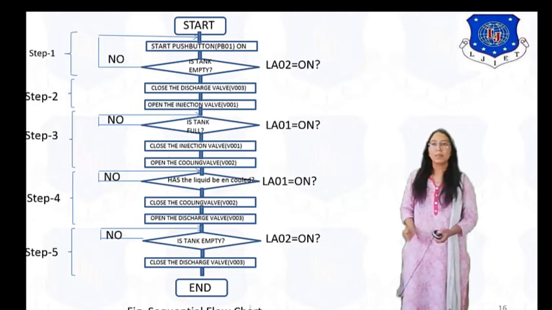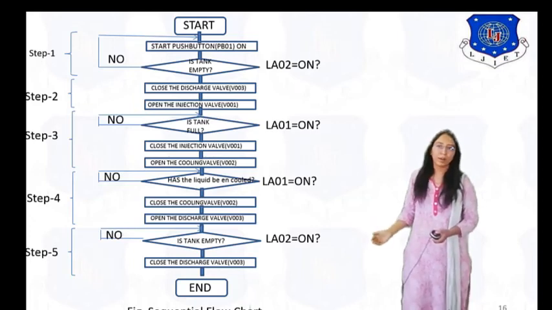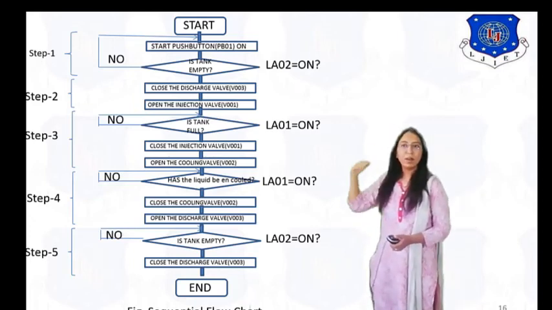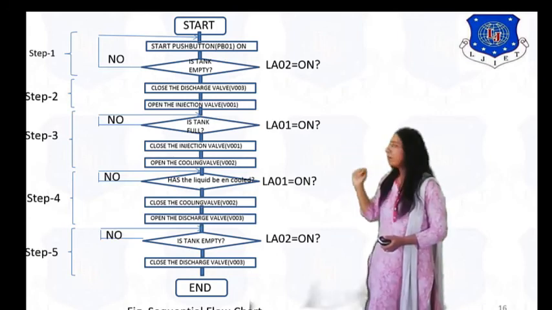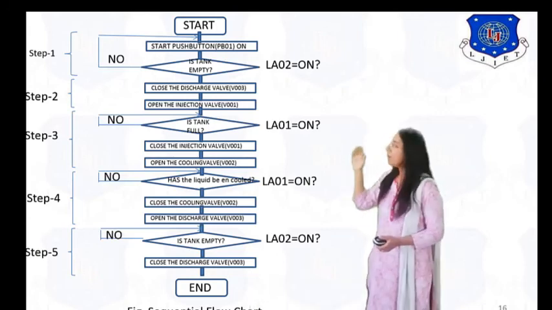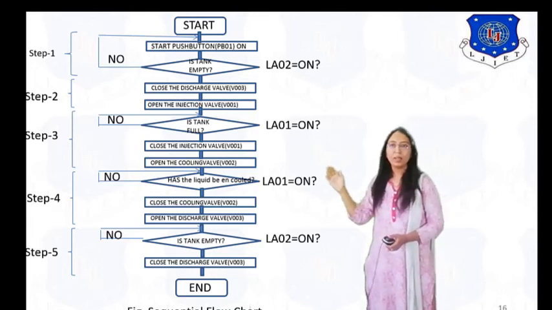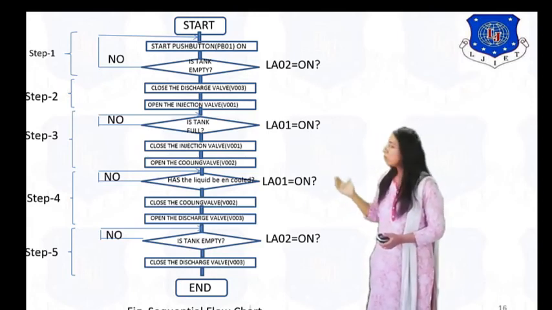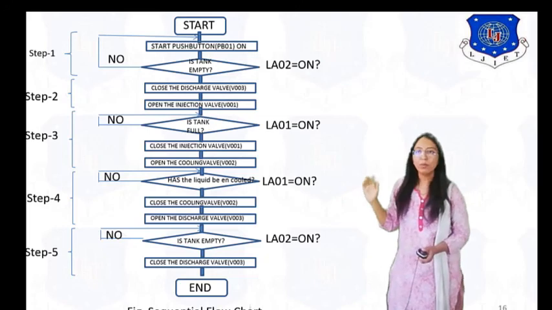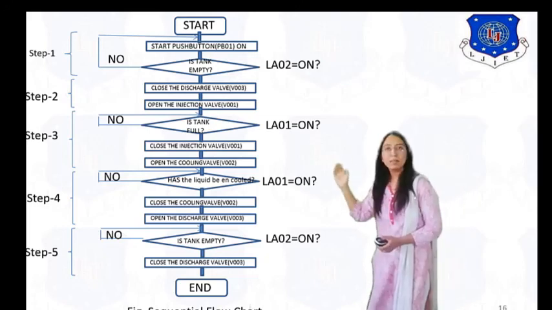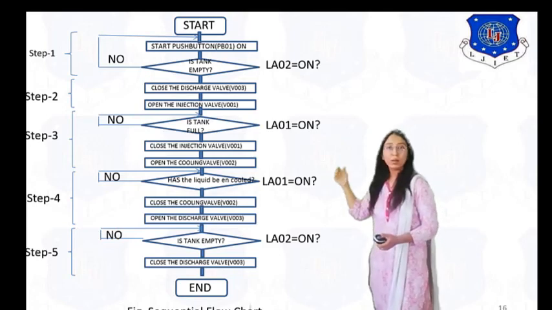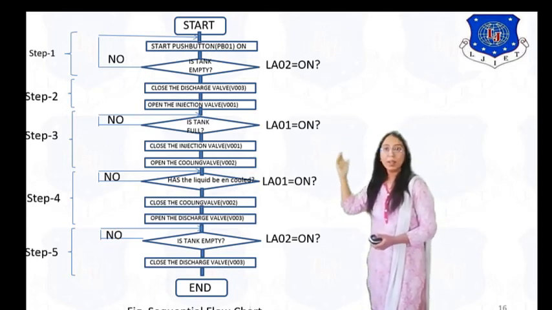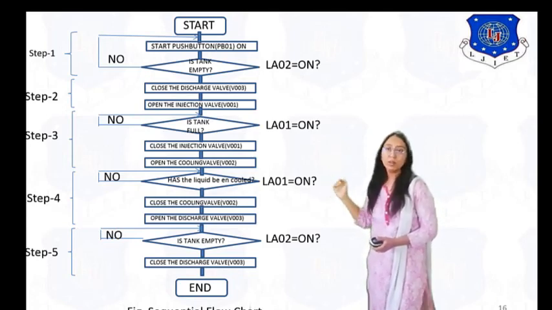Let's see the sequential flow chart. So first write down start, then after start, push button 1. If the tank is empty, okay, then close valve 3 and open valve 1. Is the tank full? Okay. Then close valve 1 and open valve 2.